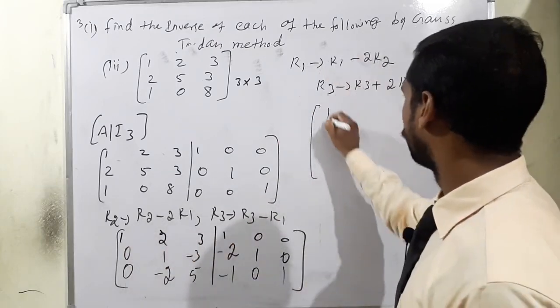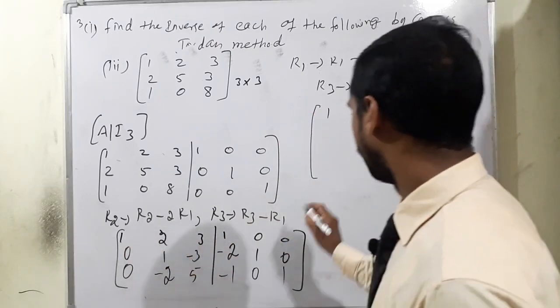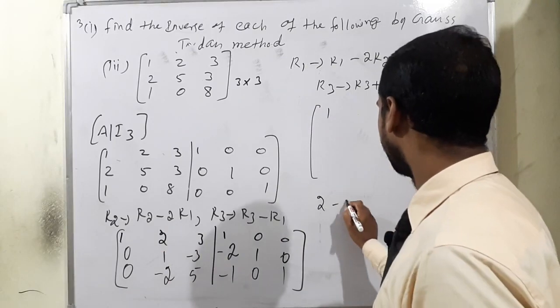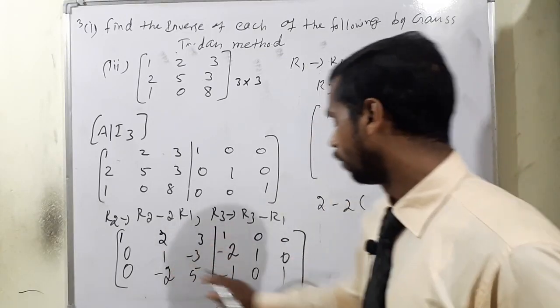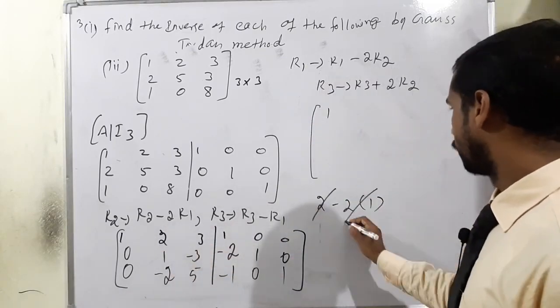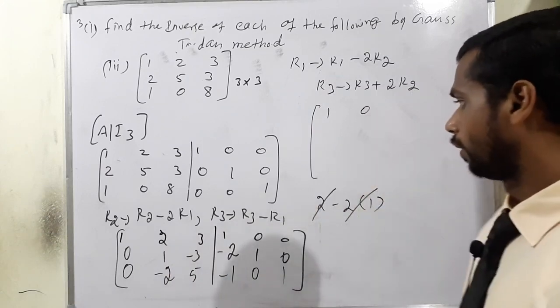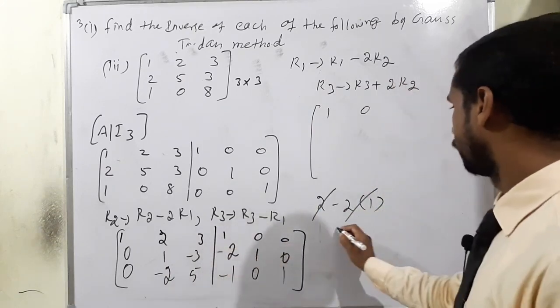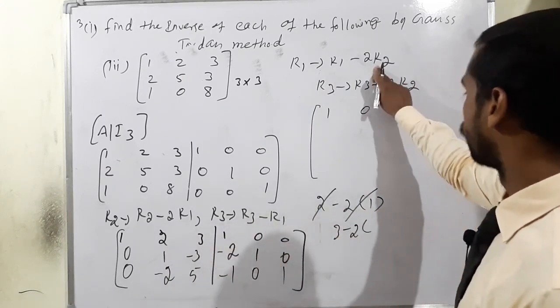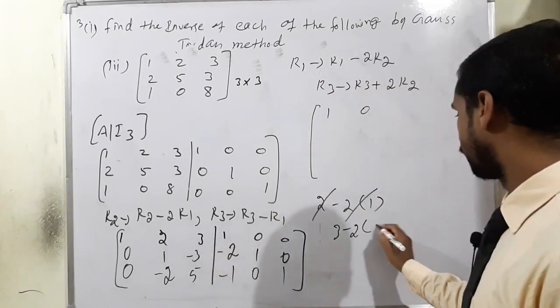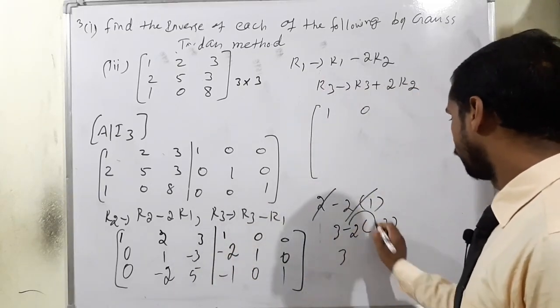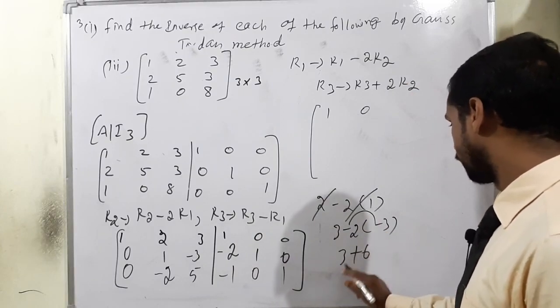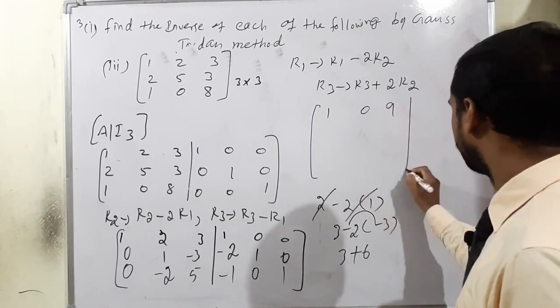Directly we can write it 1. Next condition, R1 value 2 is there. Then minus 2 into R2 value, already 1 is there. So plus 2 minus 2 cancel, means value 0. Next condition, 3 is there. 3 minus 2 into R2 value, already minus 3 is there. Therefore 3, minus into minus plus 2 3s are 6. 3 plus 6 is equal to, value will be 9.